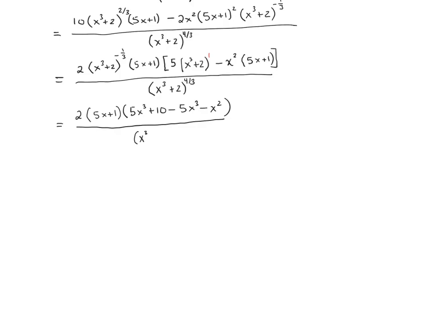So we'll have x cubed plus 2, and that power will now be 5/3, which yields for us 2 times the quantity 5x plus 1, and in collecting like terms, we see that we have 10 minus x squared, and that will be over x cubed plus 2, which will be raised to the 5/3 power. And that is our final answer.